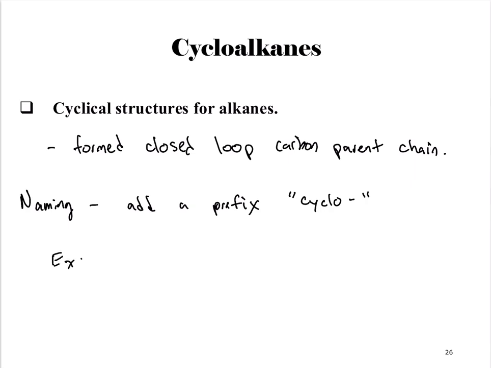So if we have an example, what's the name of that molecule? Butane, right? If we make it a closed loop, what shape should that make? Square, right? Because there's 4 of them, 4 corners.